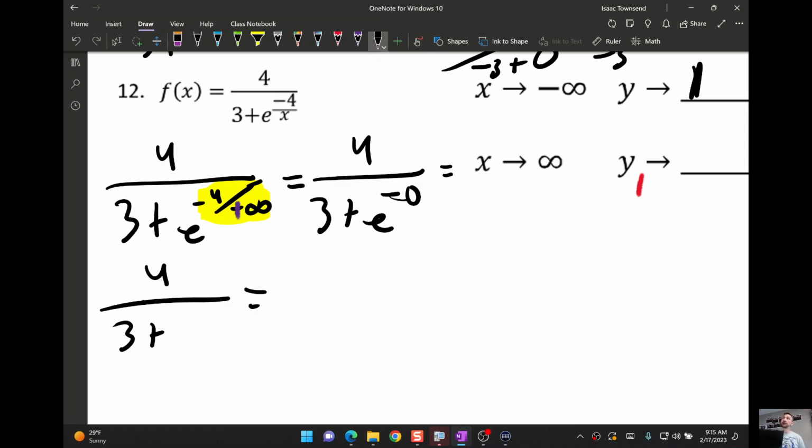However, 0 is the only number that's the same whether it's positive or negative. So that still goes to 1, the denominator still goes to 4, and then the whole thing still goes to 1. So sometimes they go to the same number, sometimes they don't. Let's just go ahead and move on there.